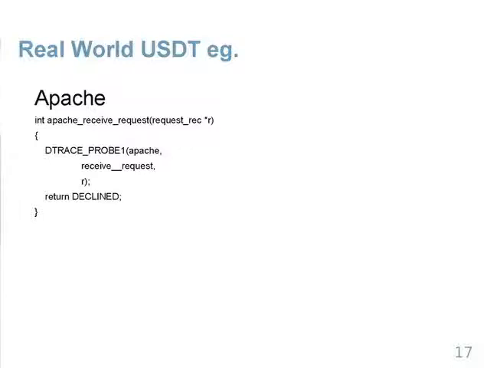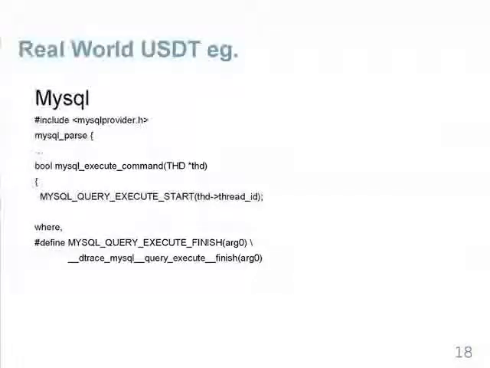So that gives understanding for the developer of what's exactly happening at this point in time. MySQL is another example. I'm not going to get into the details of this. This is just to show that there is other real world software which has USDT probes enabled and is running without any issues and is more useful to understand the working.